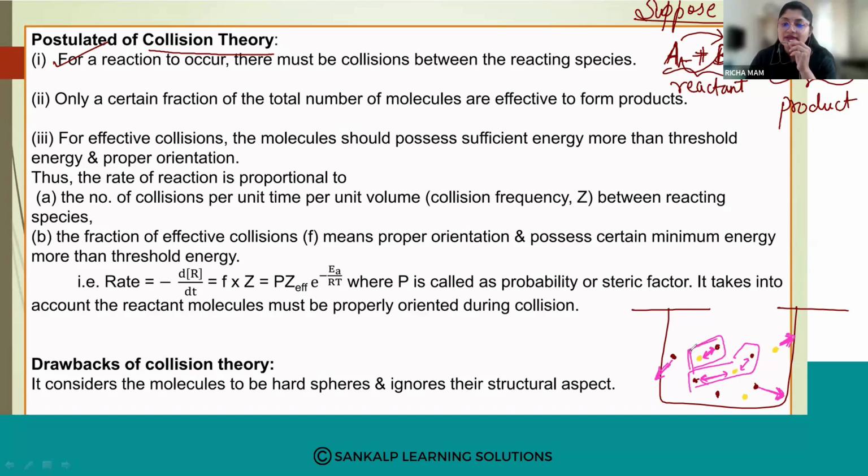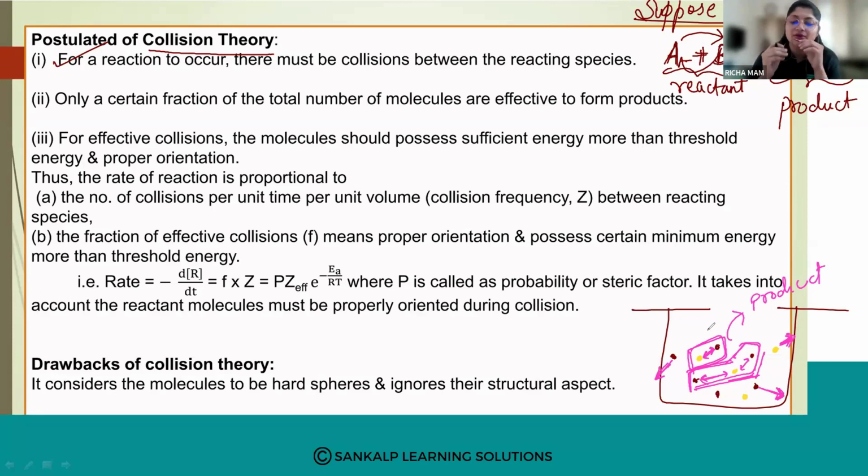Such molecules will collide with each other with minimum energy, and they will form the product. So all the collisions are not effective. Only certain collisions with the minimum amount of energy will be converted into product.